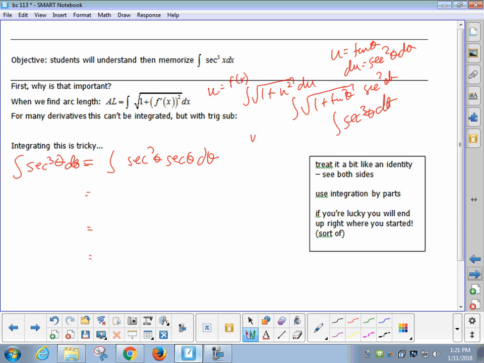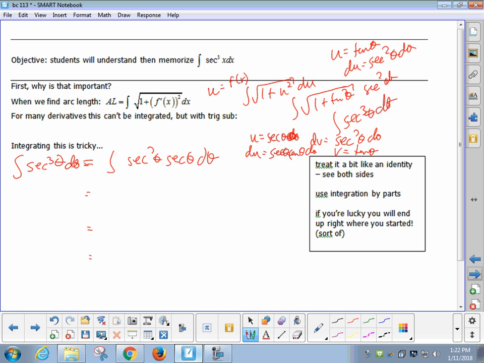If you let u equal secant theta, dv is secant squared theta d theta, because it integrates nicely. That implies du would be secant tangent d theta, and v is tangent.